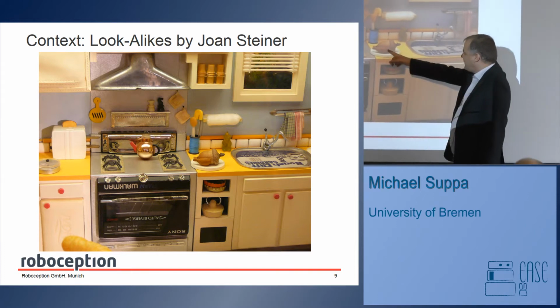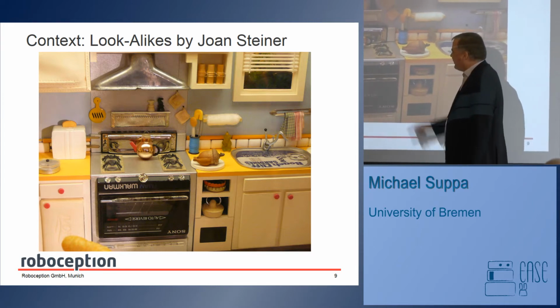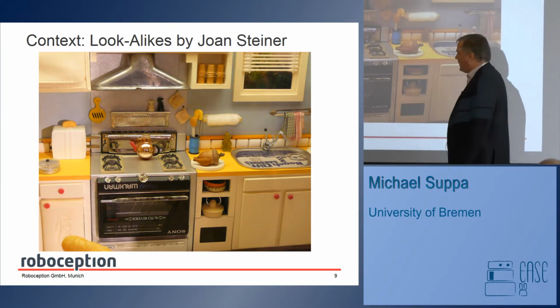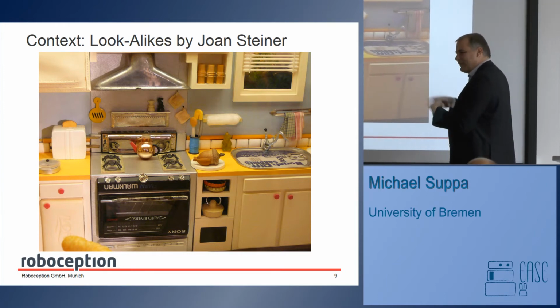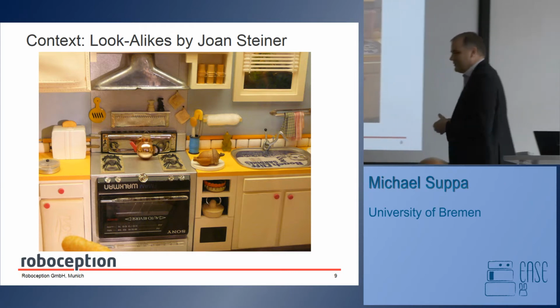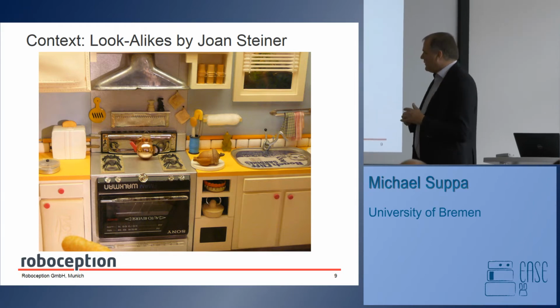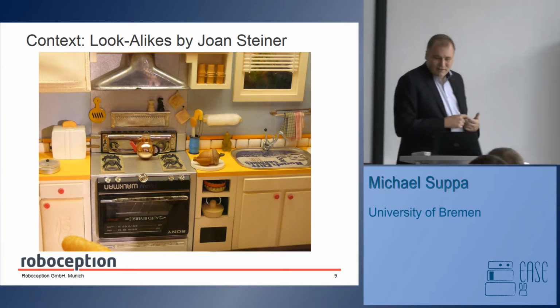Here you would see a chicken, which is actually a nut. You have these little spiders here, which you think are part of the oven. If you look into that picture more and more, you see that basically everything is wrong. At first glance, you see, okay, that is a kitchen scene. This is difficult even for a human, so you can assume that for the robot, that is a big challenge.